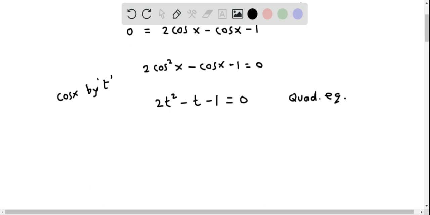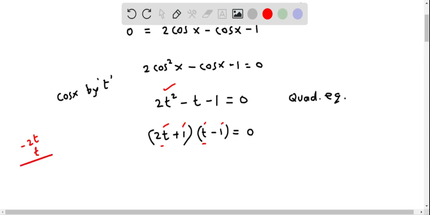So we can factorize this and write it as a product of linear terms. When we do that, we can write it like this: 2t plus 1 times t minus 1 equals 0. Let's verify that. When we expand this, we should get 2t squared. That is 2t times t is 2t squared. And then 2t times negative 1 is negative 2t, and 1 times t is positive t.